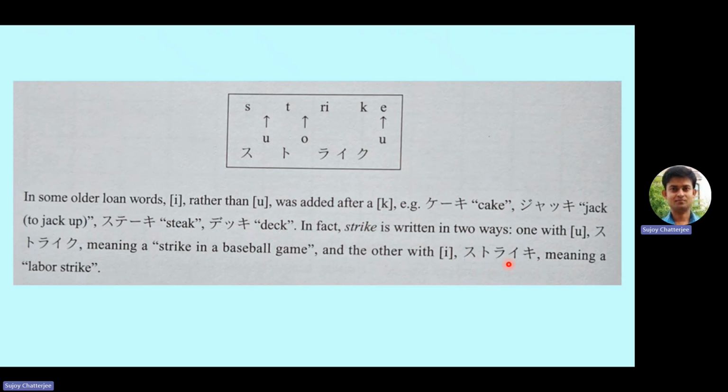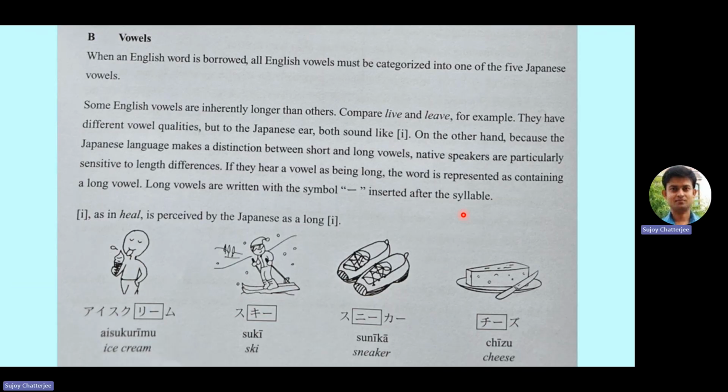These are some exceptions which you need to remember, especially the cake thing. Whenever there are such words, you use the ki sound instead of the u sound. So cake. Okay.